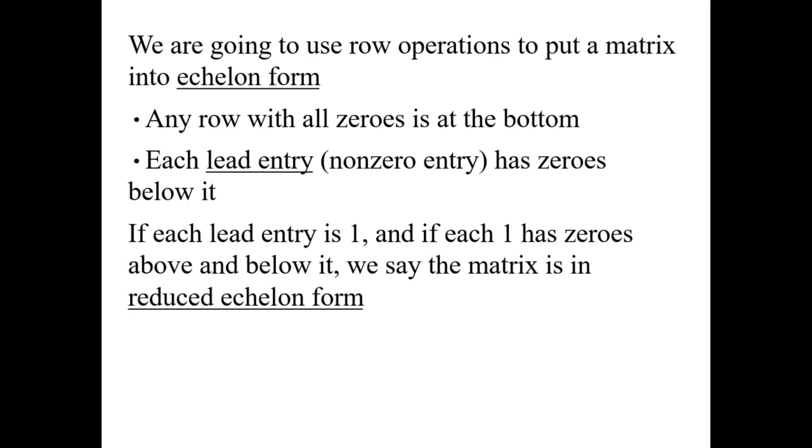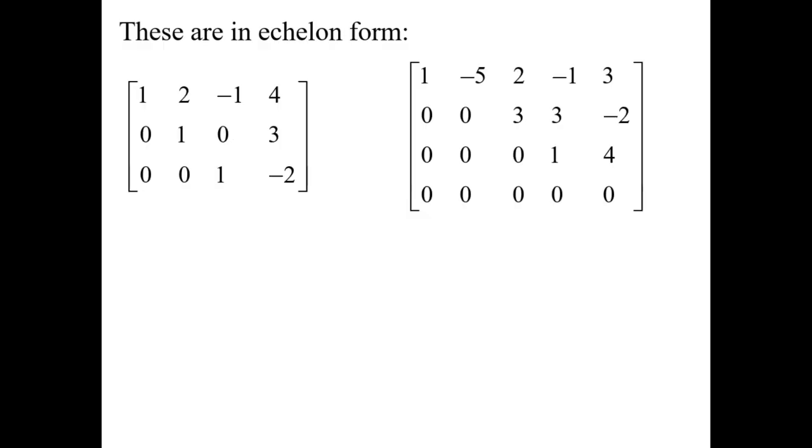All right, so let's look at some examples. Here are some examples that are in echelon form. Again, the one on the left has no rows with all zeros, so that doesn't matter. Notice the one on the right has a row with all zeros, so it's down here at the bottom. In the first row, here's my non-zero entry, and it's got zeros below it.